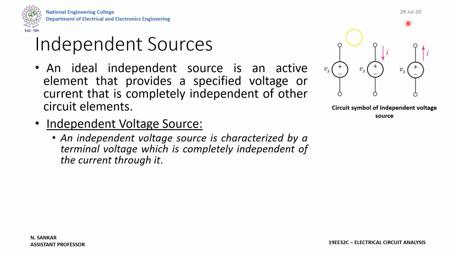Here we have polarity, positive and negative. This represents a DC voltage source. If you have a sine wave symbol, that represents an AC voltage source.